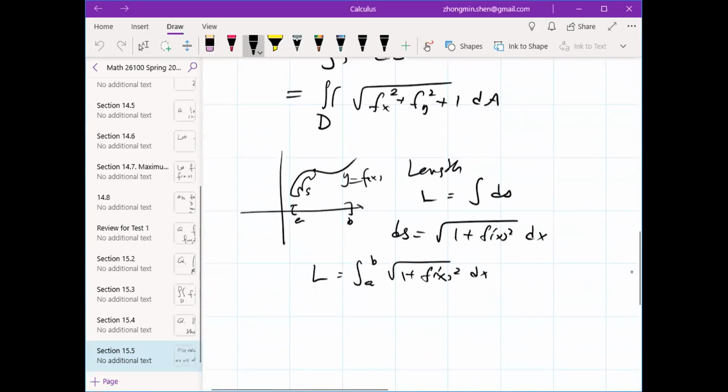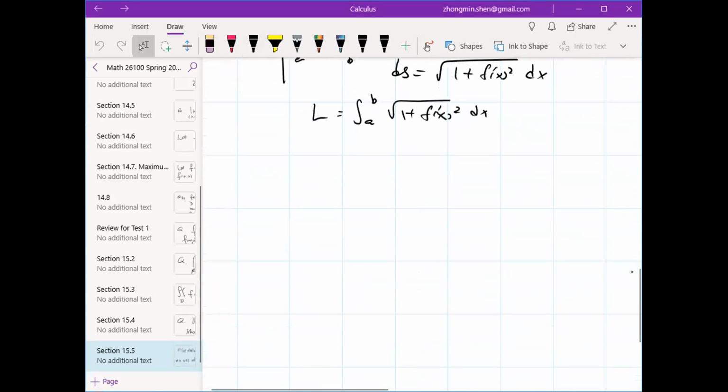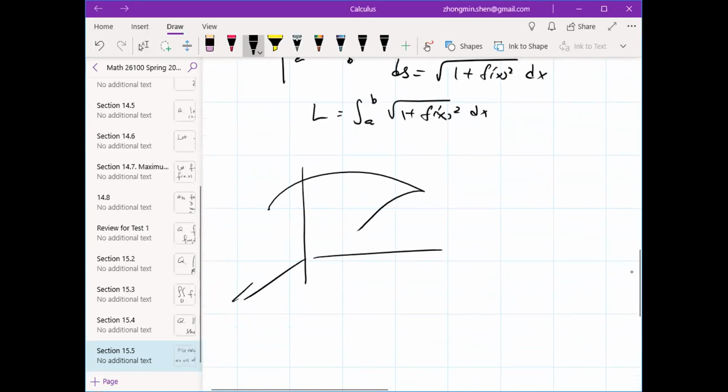So let me talk about why this is a tangent vector. If we have a surface, here a sphere, how do you describe the curve just above this straight line? This is a line where y is fixed and x changes, so you get a corresponding curve. The tangent vector to that curve is just the derivative of that curve.